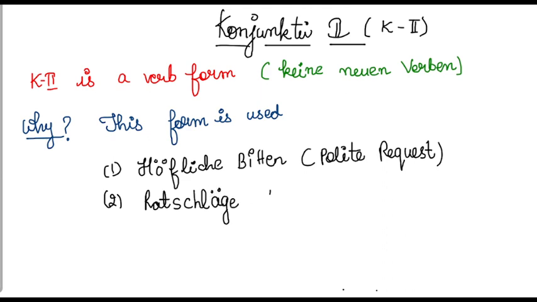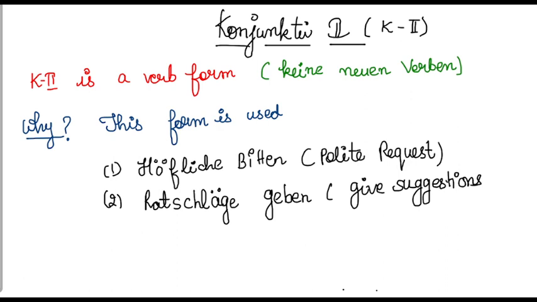Okay, Ratschläge geben, which means give suggestions, or you can also say advice. Whenever you want to advise someone, you will use the Konjunktiv II form of verbs instead of your regular form.